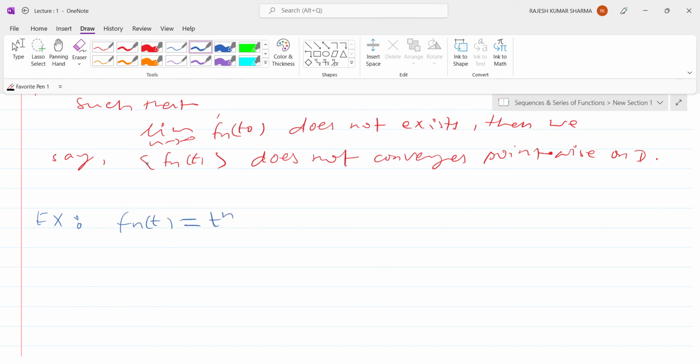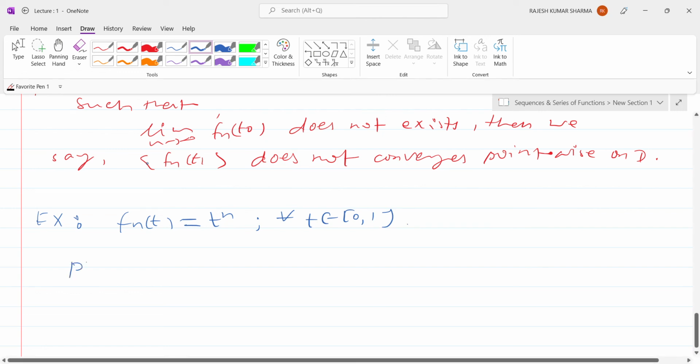Example: fn(t) equal to t to the power n, for all t belonging to the closed interval 0, 1.